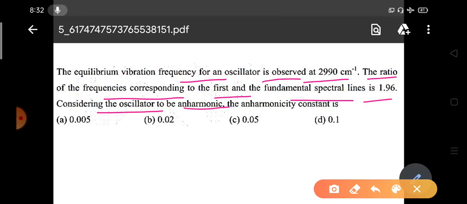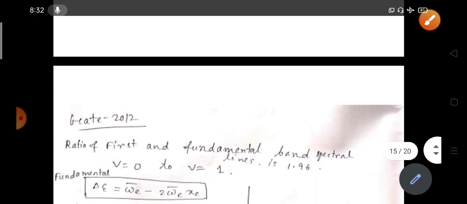Now, in the earlier question we assumed a harmonic oscillator. Here the question mentions an anharmonic oscillator, so we have to apply the anharmonic oscillator formula and its energy level formulas. And the information given is the ratio of the frequencies corresponding to the first overtone and fundamental spectral lines.